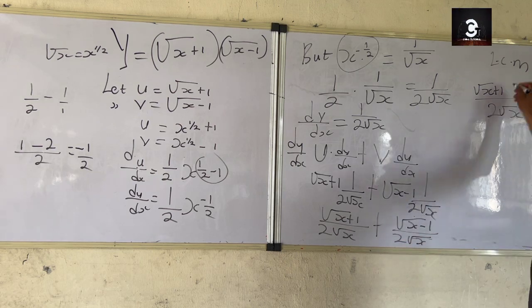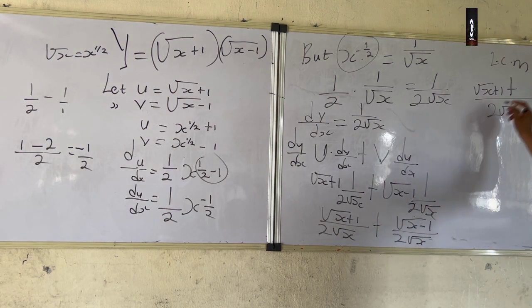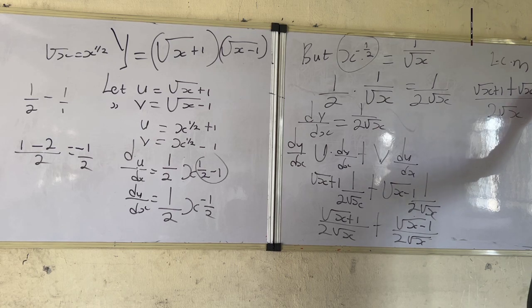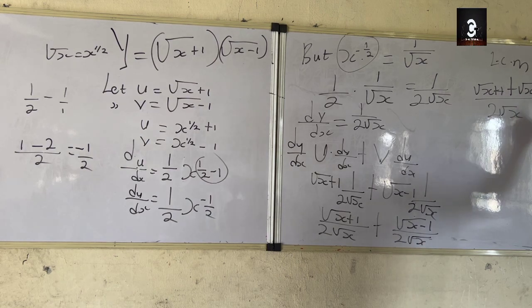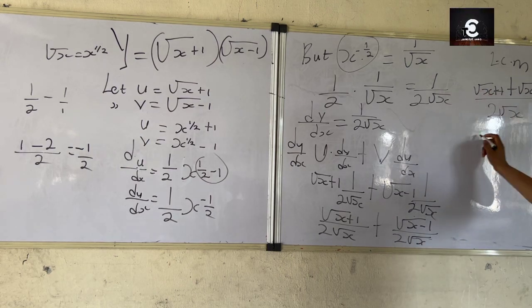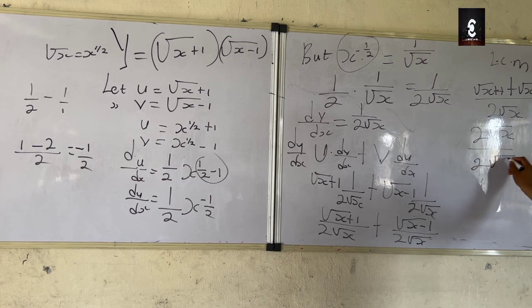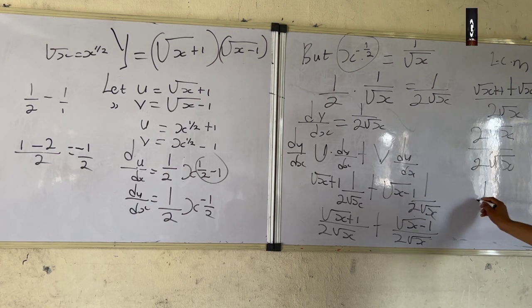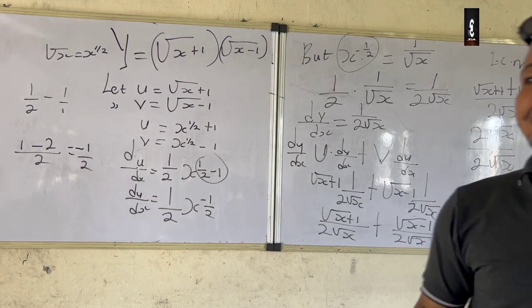There is plus here. Plus 2 root x inside 2 root x, 1. This will give you root x minus 1. Plus 1 will go with minus 1. Root x plus root x will give you 2 root x over 2 root x. This cancels this. Your answer is 1.